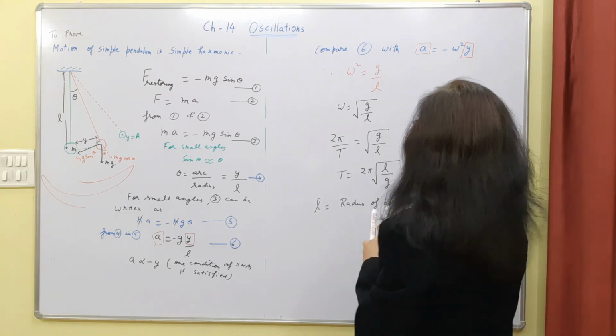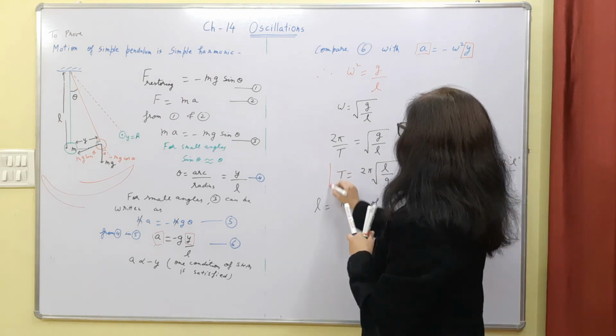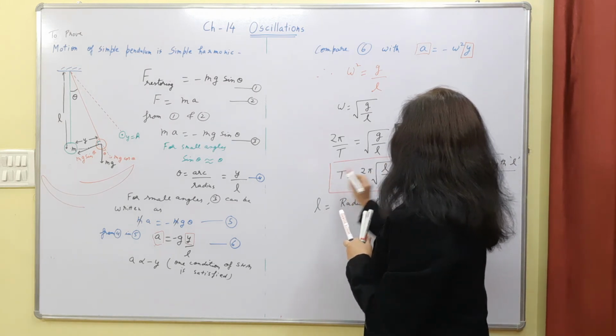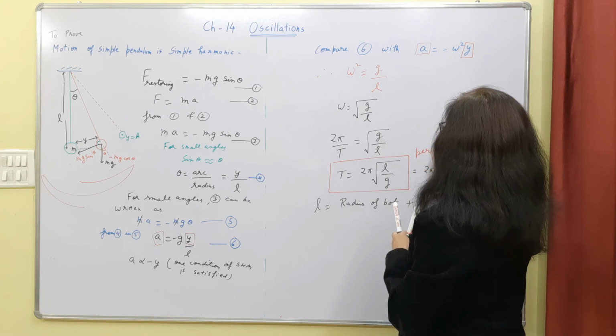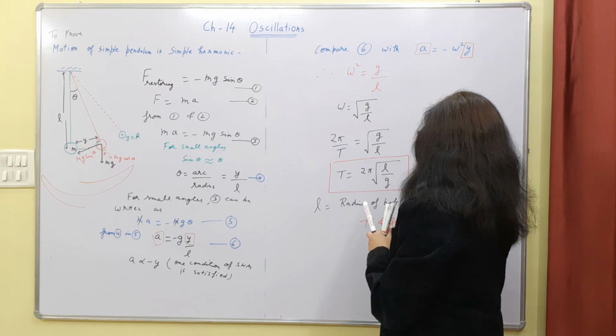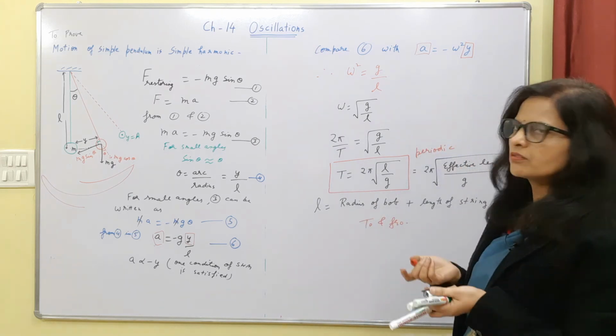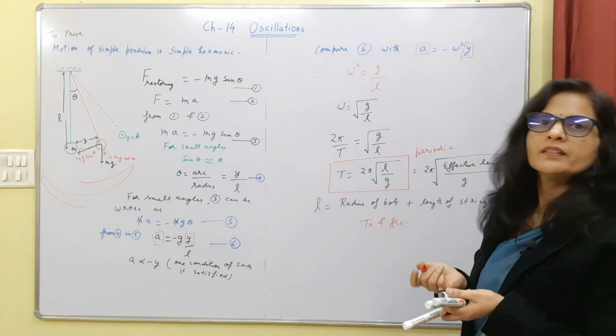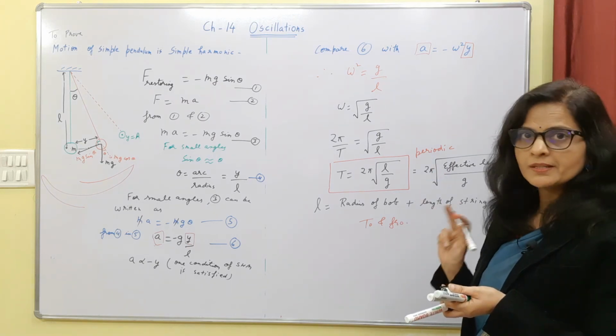So which conditions are satisfied? This shows that this is periodic and to and fro motion is visible. So since it satisfies all three conditions of SHM, that means the motion of a simple pendulum is also simple harmonic.